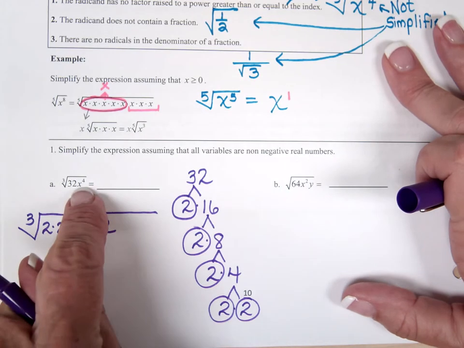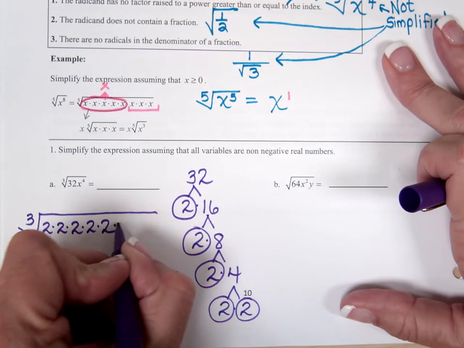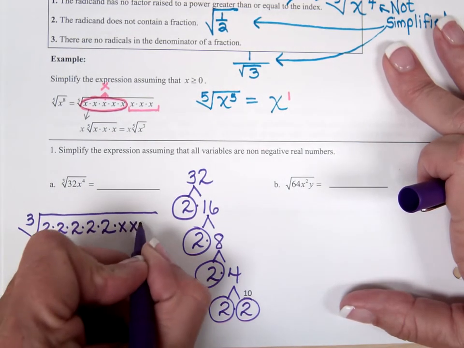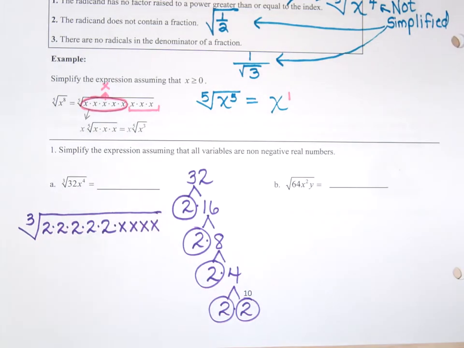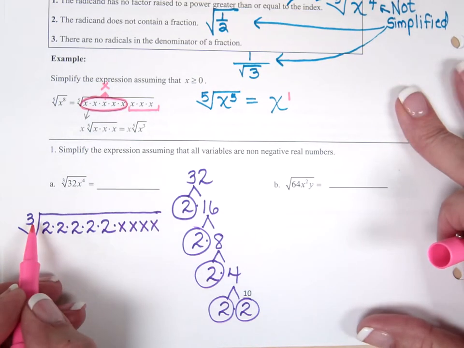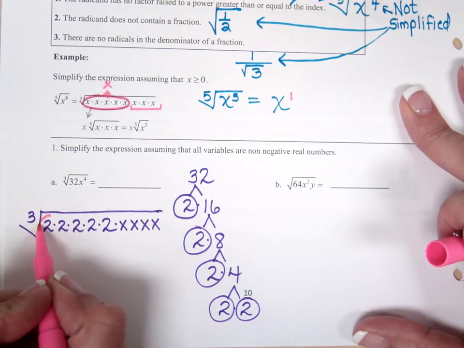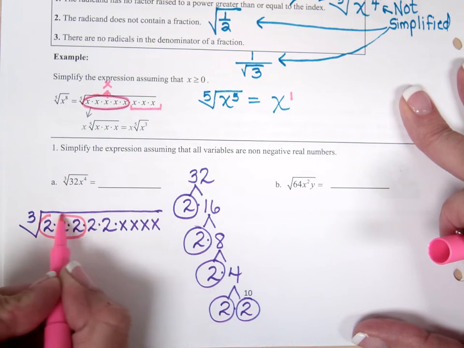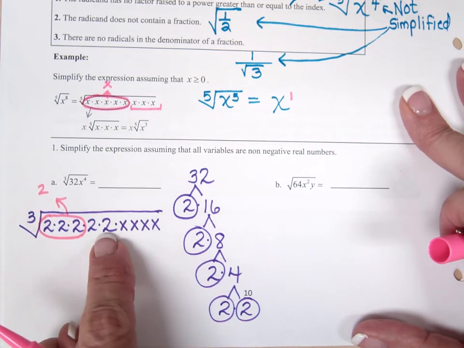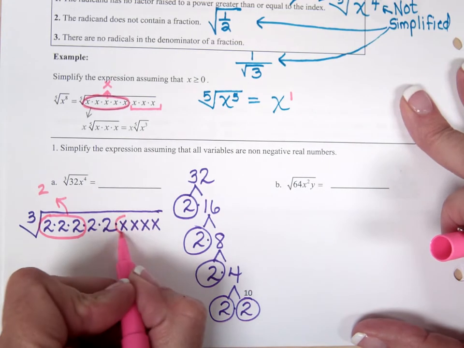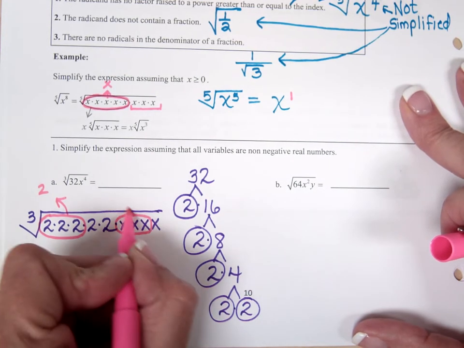And then you should recognize that there's 4 x's. So again, like I said earlier, you look at the index and that tells you how many to circle. So every 3 will come out as a single.